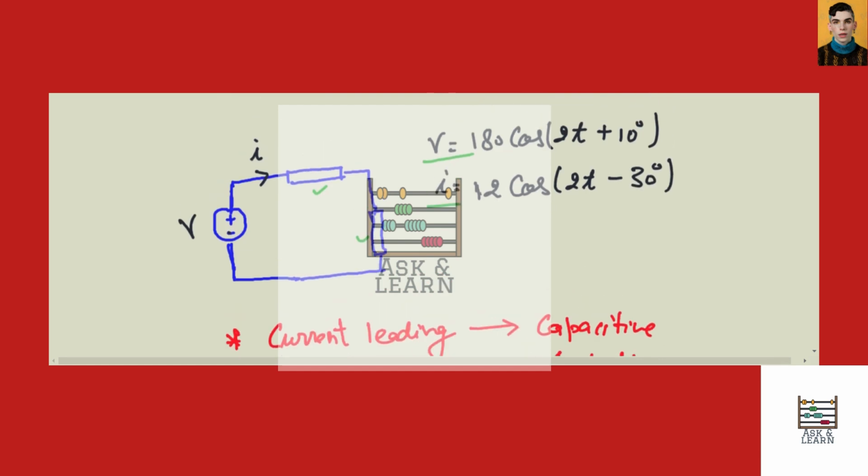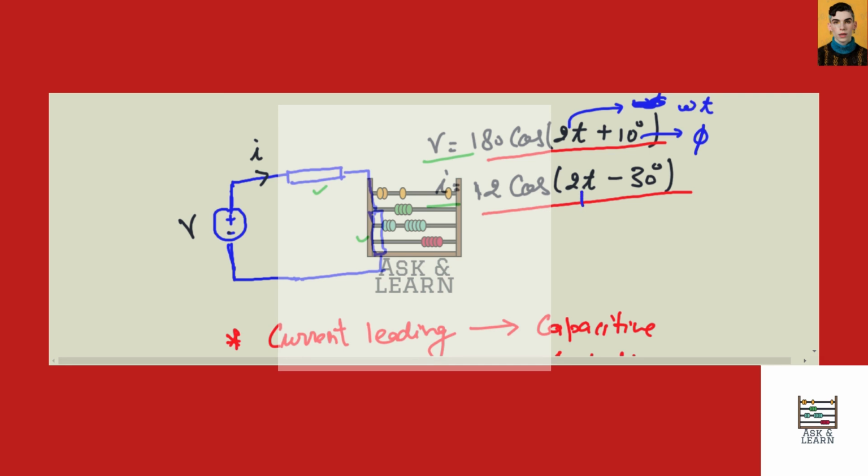Look at these equations very carefully, right? We have to first identify, or compare with the standard equation. If we compare, this is our omega t, and this is our phi.